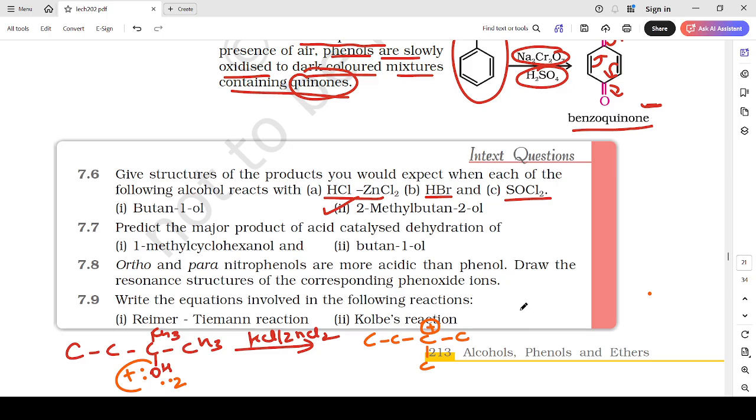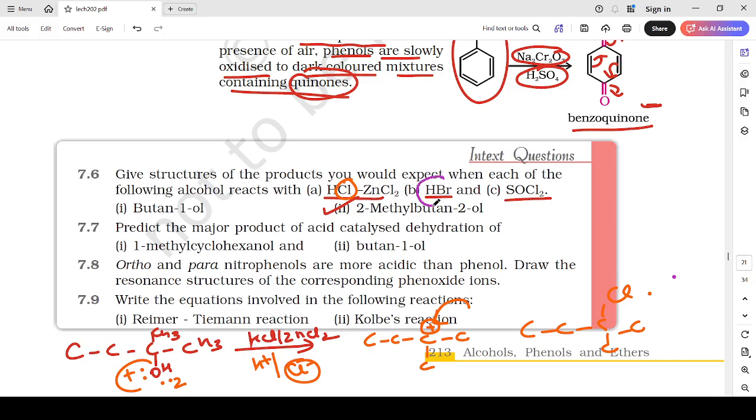What kind of a carbocation? Tertiary carbocation. What should happen next? Because only H plus participated, I'm having chloride here. Now the chloride will come and attack this spot. Do you understand, both of you? Yes, ma'am.